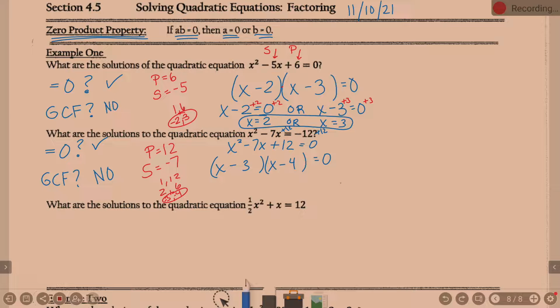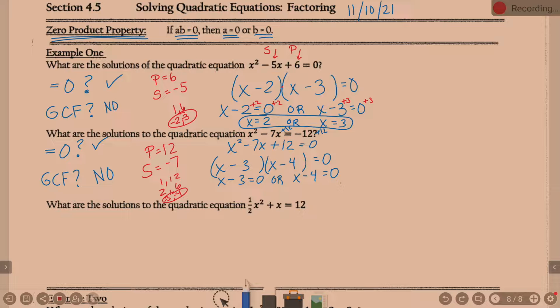Two parentheses multiply to equal 0. So, set each one equal to 0: x minus 3 equals 0, or x minus 4 equals 0. It's not that you have to write the or in there, but sometimes I do that just to show it's one of these answers.